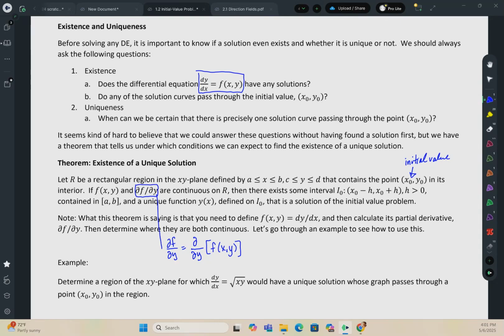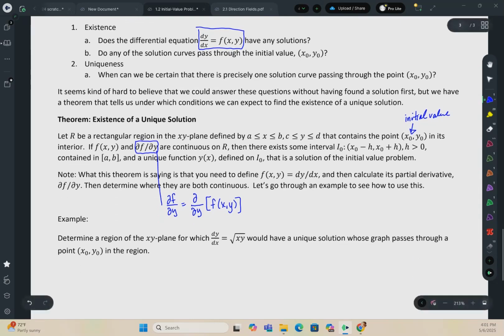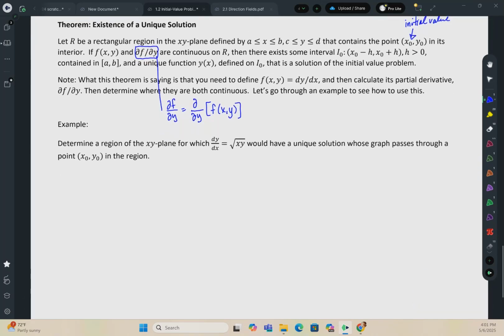Okay, so let's try this. We're being asked to determine a region of the xy plane for which dy/dx equals the square root of xy would have a unique solution whose graph passes through any given point in the region.